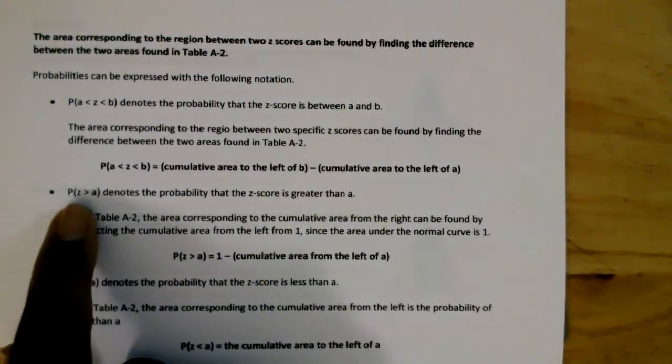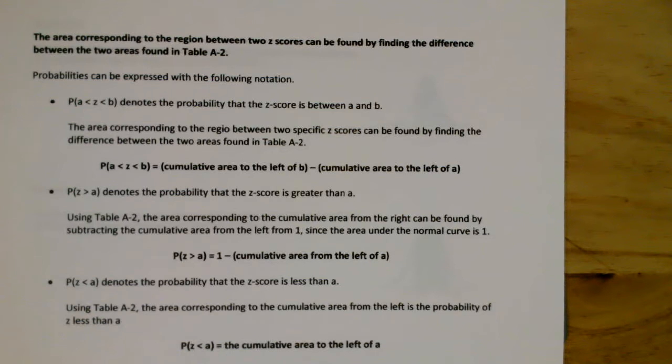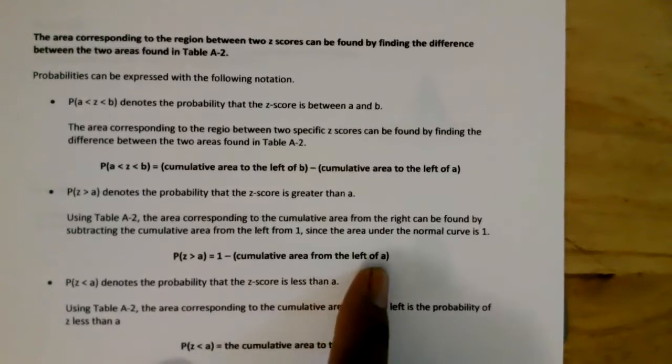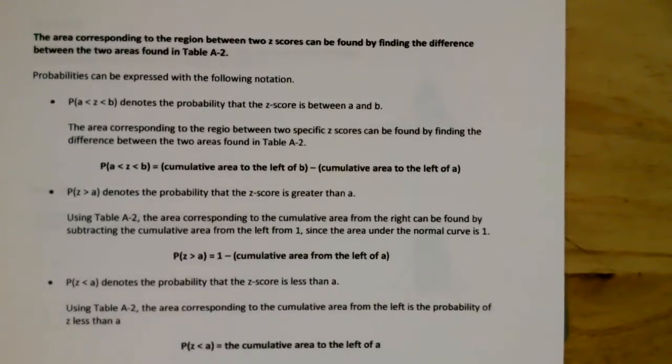Now here, if we have a probability that some z value is greater than A, that means we're looking for the area to the right of A. Then in this case, we have to find the cumulative area from the left of A and subtract that from 1, since the area underneath the curve is going to be 1.